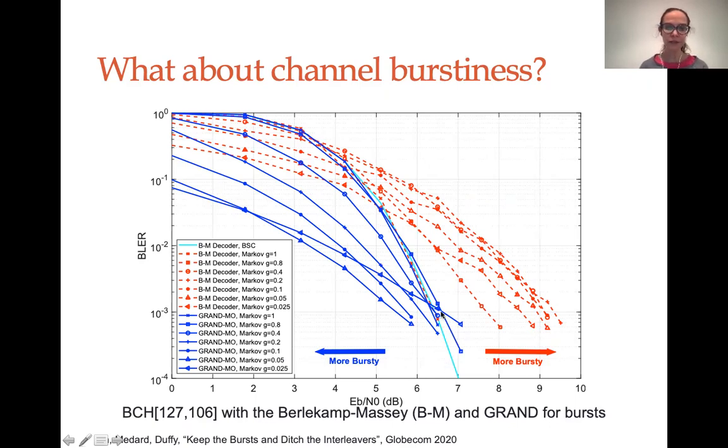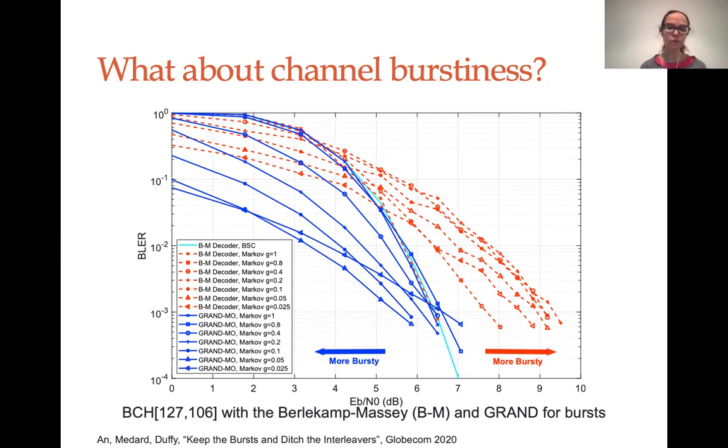If you try to apply Berlekamp-Massey as you get Markov noise with greater memory, and you should think of this G level here as indicating different levels of memory, more bursty in this direction, basically as it becomes more bursty, the channel has worse and worse behavior.